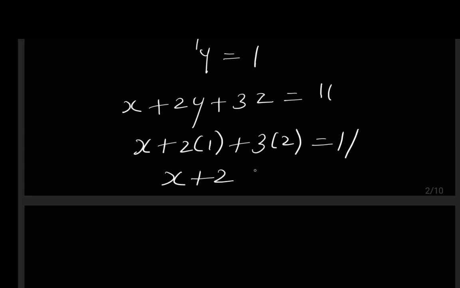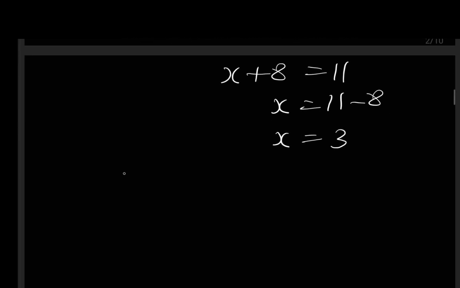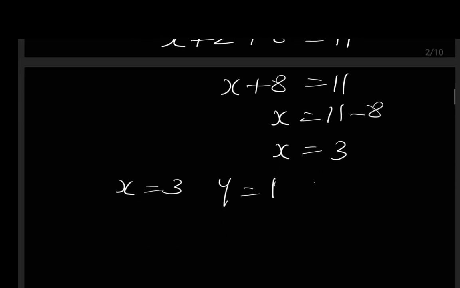X plus 2 plus 6 equals 11, x plus 8 equals 11, so x equals 11 minus 8, x equals 3. So we got the value of x as 3, y as 1 and z as 2. This is the answer.